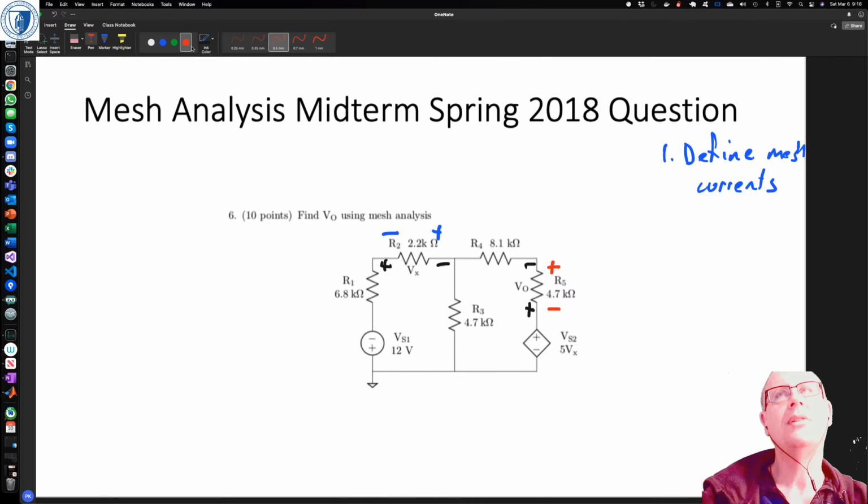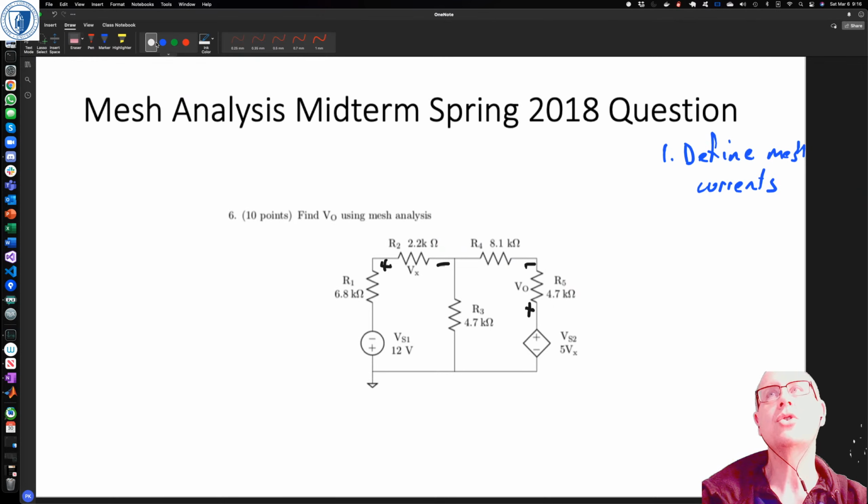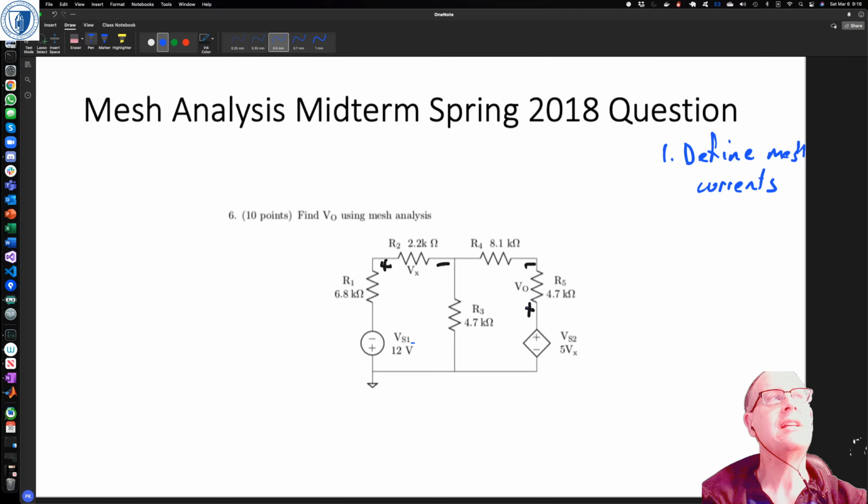So my suggestion, and the thing I mean by being careful, is to select the mesh currents so that you keep the passive sign convention on the elements that already have their polarities defined.